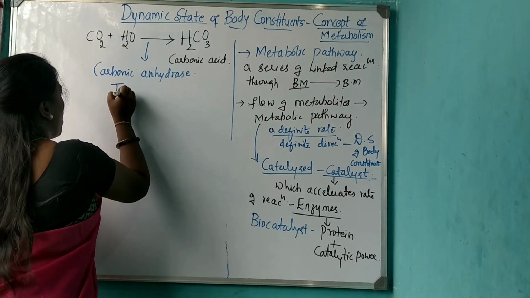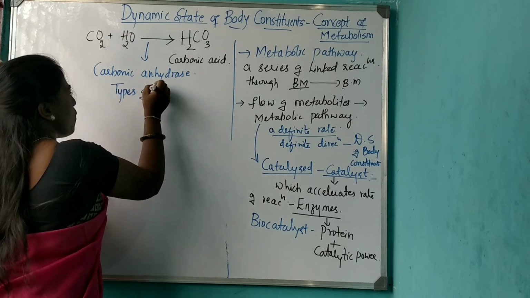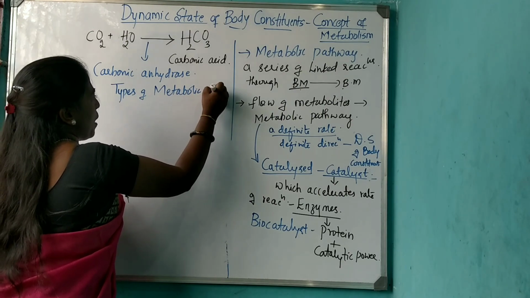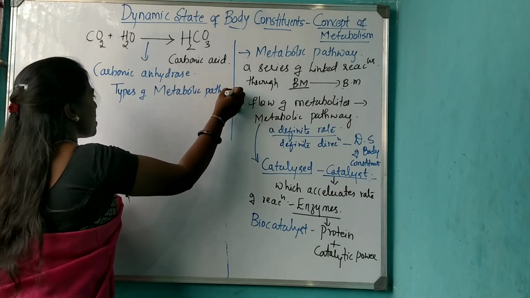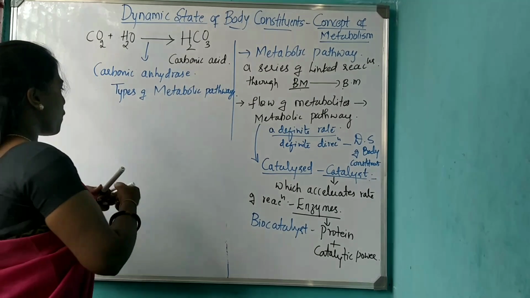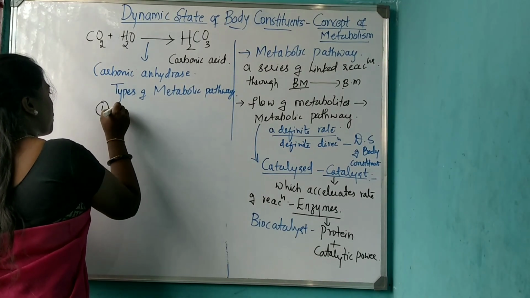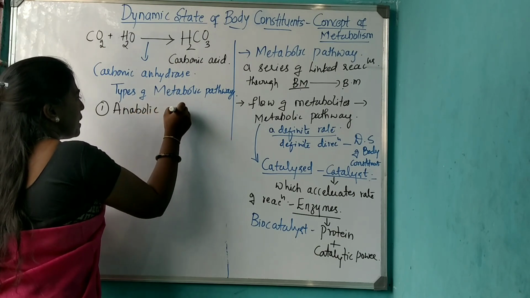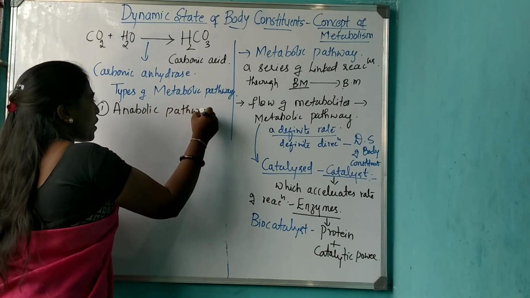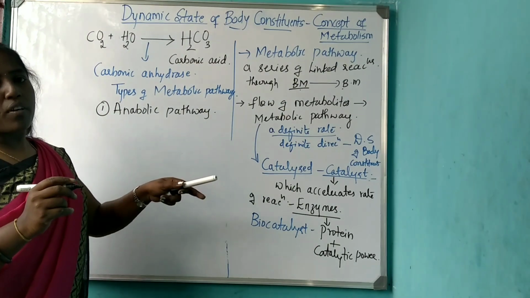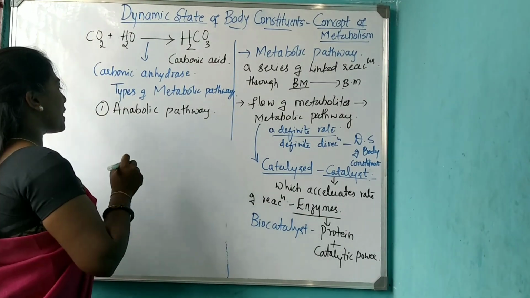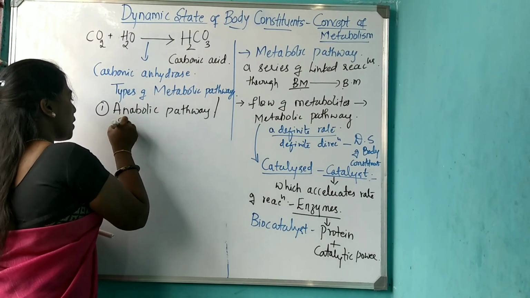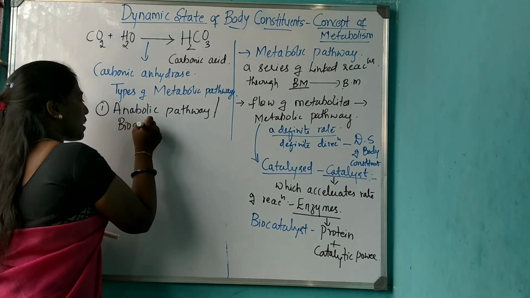The types of metabolic pathways are of two types. The first one, let us take up the anabolic pathway. These anabolic pathways are also called by another name, biosynthetic pathways.